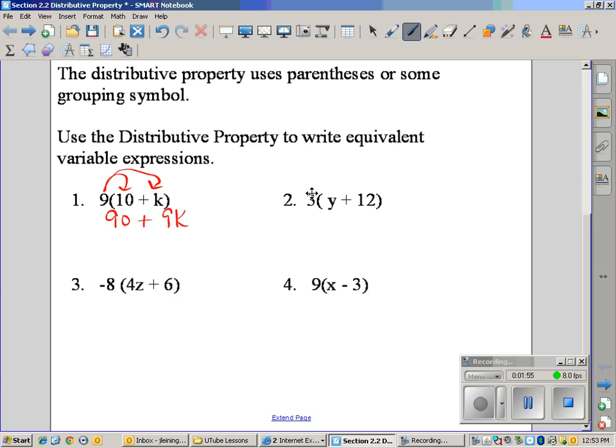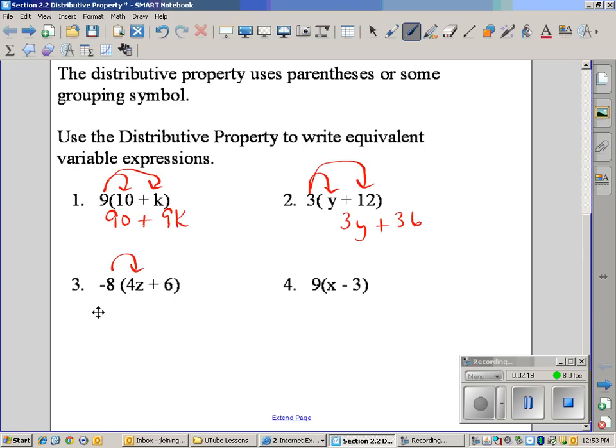Number 2, let's distribute the 3 times each piece that's on the inside of the parentheses. 3 times y, and they're both positive, is 3y. Positive 3 times positive 12 is a positive 36. Here we've got one that's got a negative factor on the outside. Negative 8 times a positive 4z.